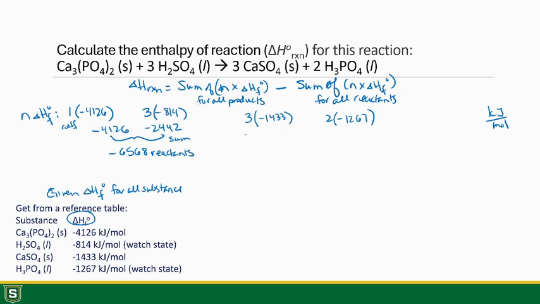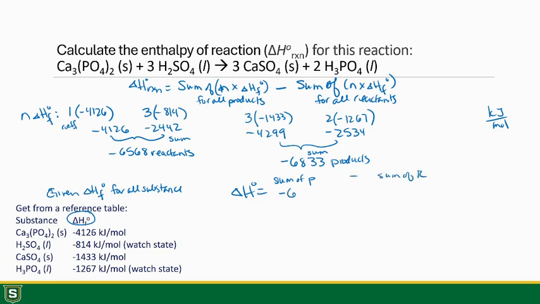And over here, this is -4299 and -2534. And if I sum them, this is -6833 for my products. Again, my ΔH, this should have been standard, is equal to the sum of products minus the sum of reactants.